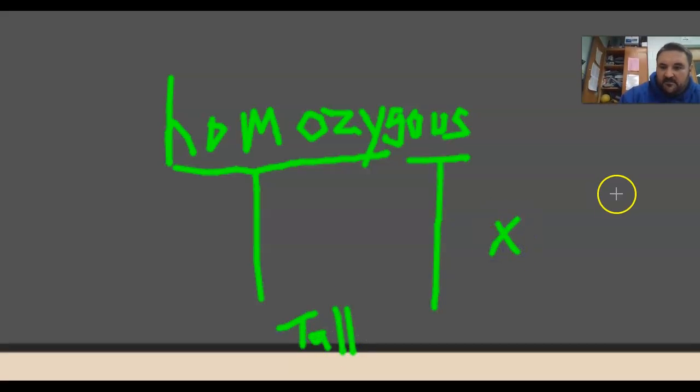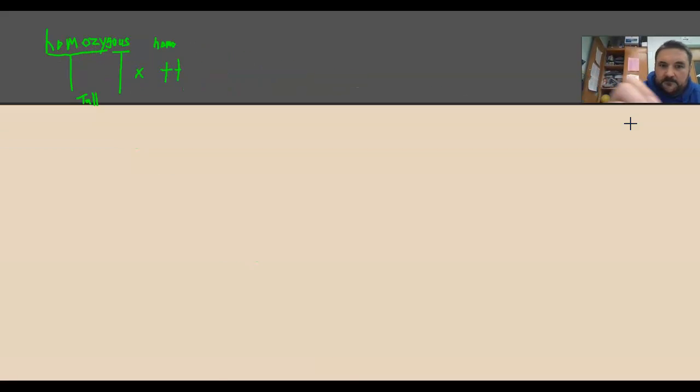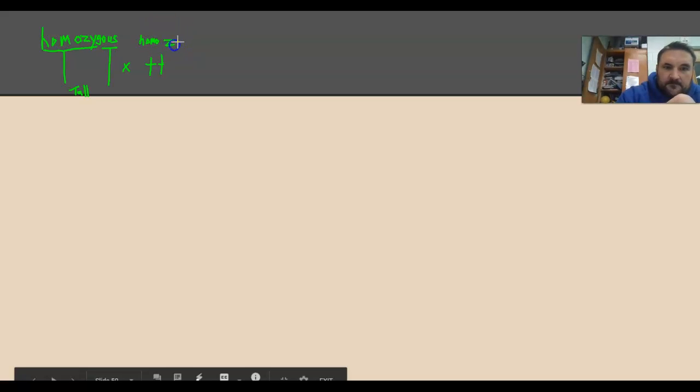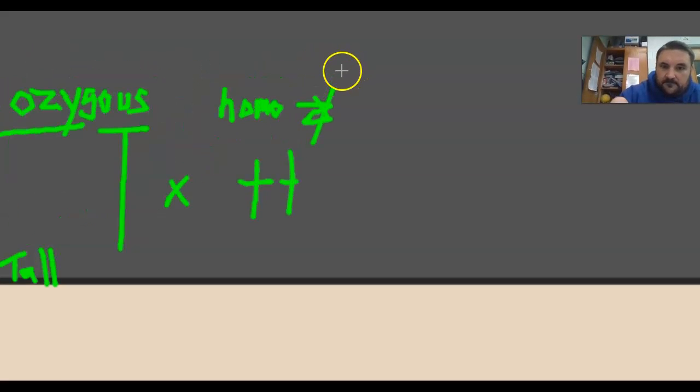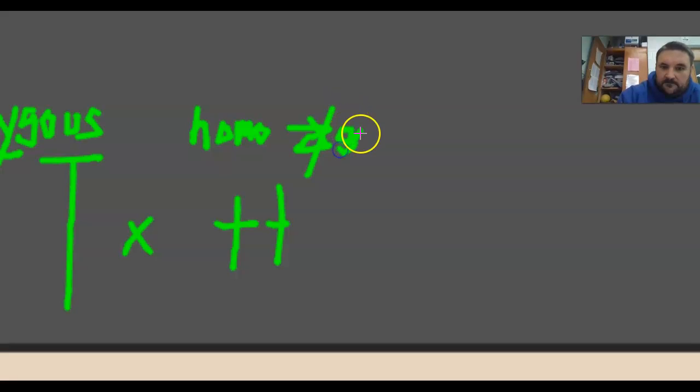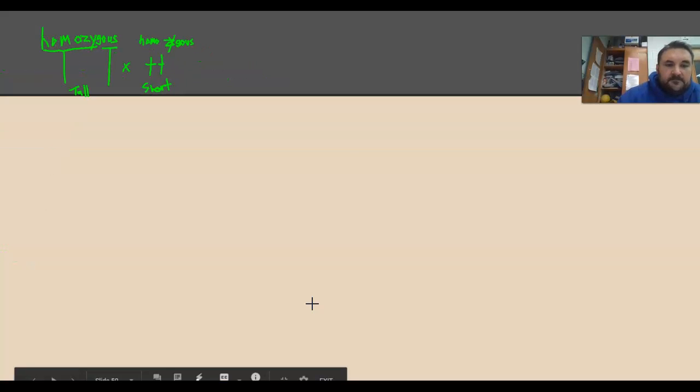And he crossed them with homozygous short. And what he found, this is called the P generation.